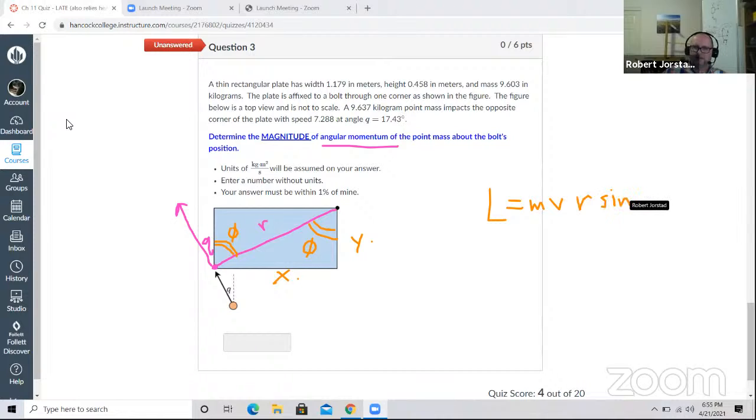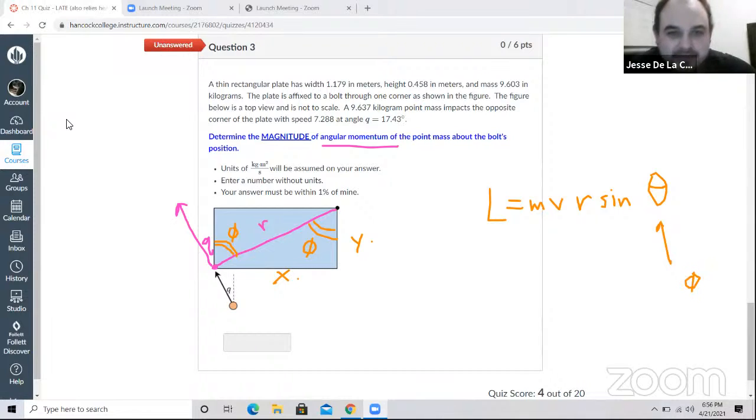I'll call that theta. Theta is the angle between the velocity vector and the radius vector, which in this case I believe is q plus phi. Does that help? Yes.